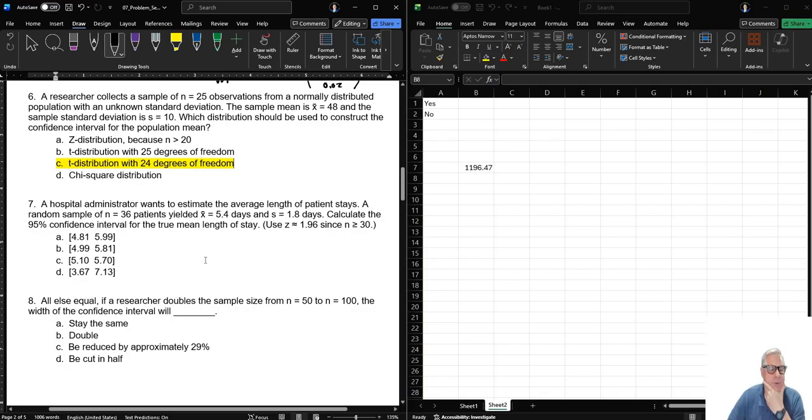A hospital administrator wants to estimate the average length of patient stays. A random sample of 36 patients yielded 5.4 days and a sample standard deviation of 1.8 days. Calculate the 95% confidence interval for the true mean length of the stay.